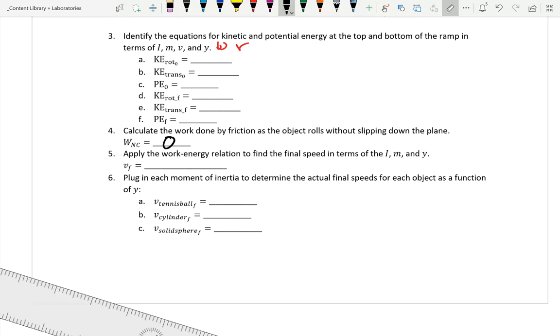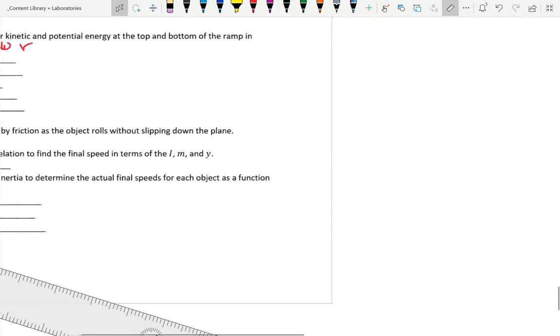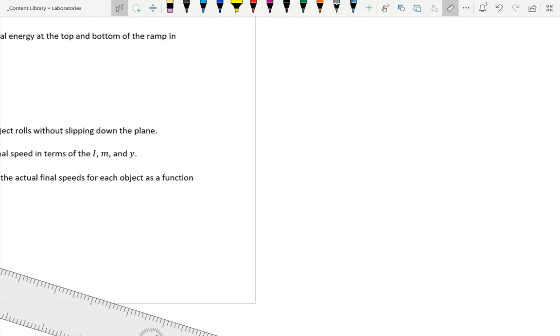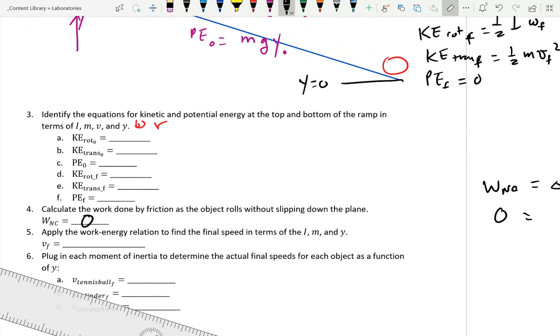Okay, so now we do the work energy relation. I didn't give myself room for that at all. But we have work non-conservative is change in kinetic energy plus change in potential energy. We just calculated that was 0 for the work non-conservative. Change in kinetic energy is these two final minus these two initial.